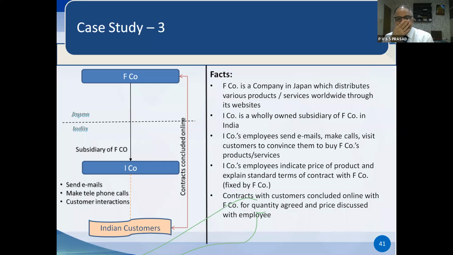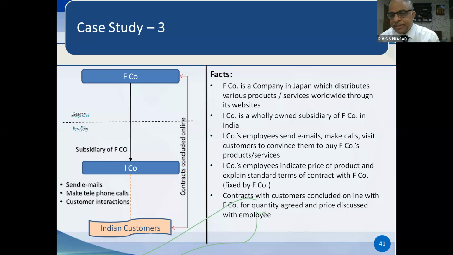Then case study 3. This is a live case where you have a fast moving consumer goods company from Japan, like Daikin. It has its own subsidiary in India, and the subsidiary employees are negotiating with the customers, identifying the customers, doing everything except signing the contract.